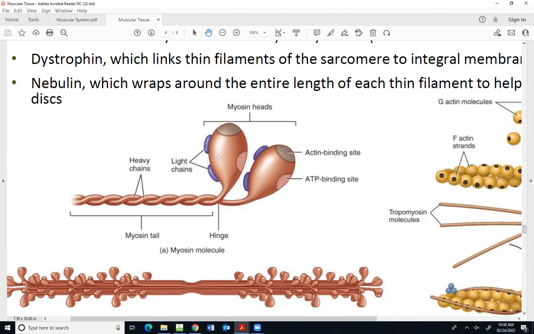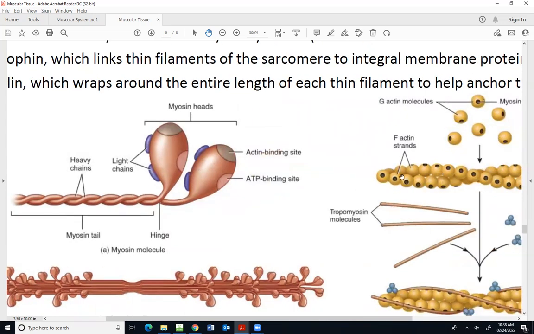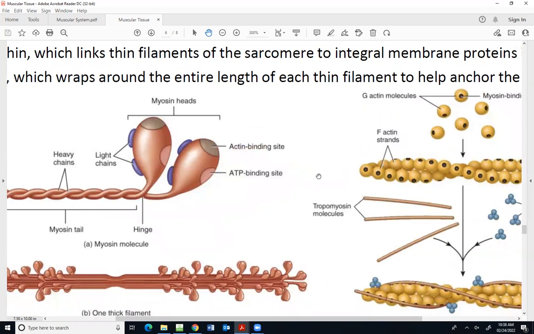Before attaching to an actin molecule, the heads need to get into this extended position. That way, when they attach to the actin, it's like grabbing a rope and pulling it to yourself. If you want to pull a rope towards yourself, you want to have your arm extended when you grab it. That way you can pull the rope farther.